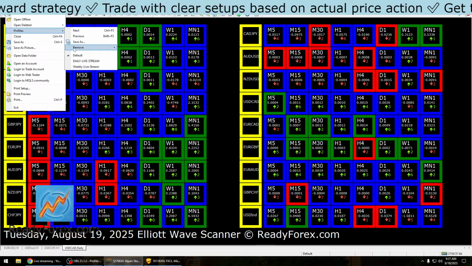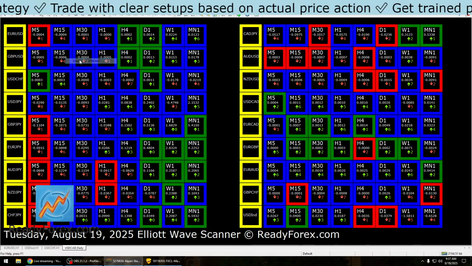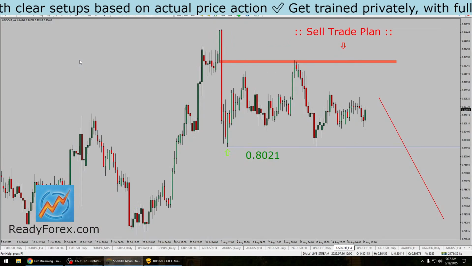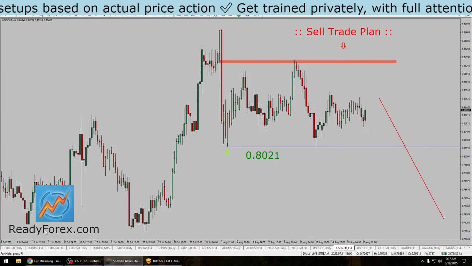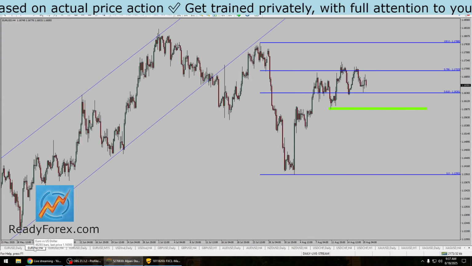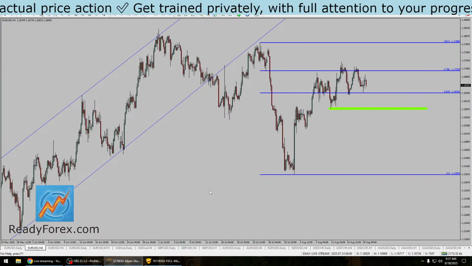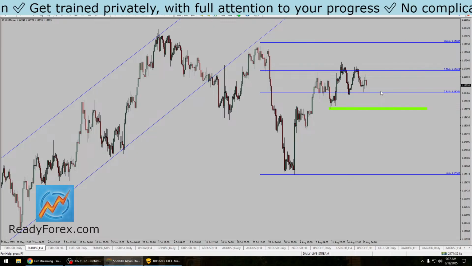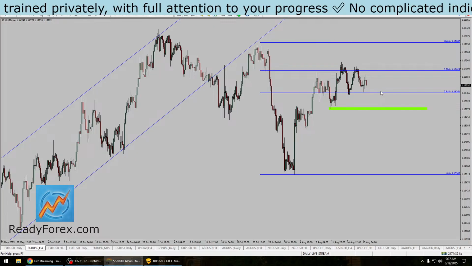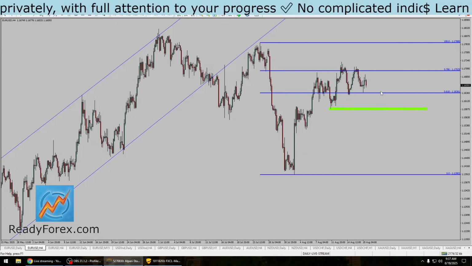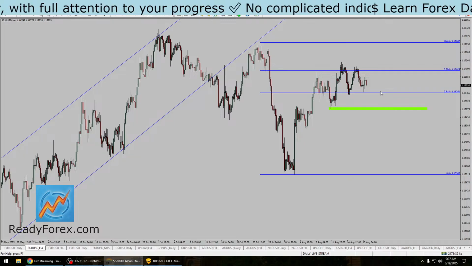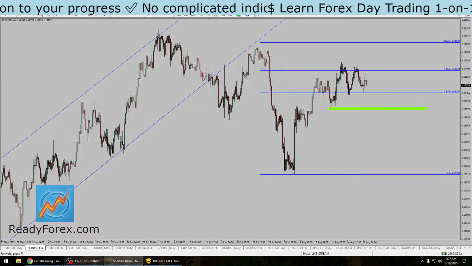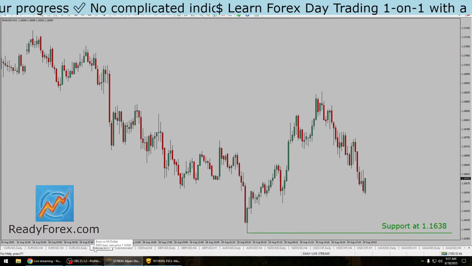Let me go back to the chart of euro dollar. Support at the 0.618 Fibonacci retracement level. So this might provide some area for the prior market to find some aggressive buyers, but we need a bullish breakout over here.